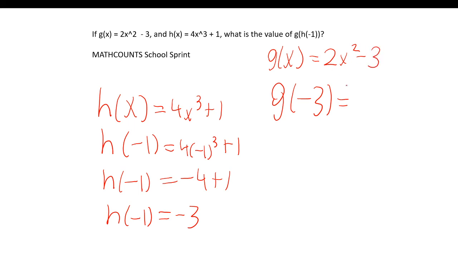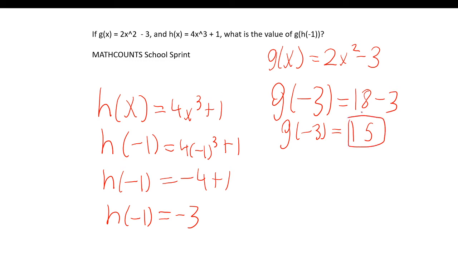Now we plug in our values. G is negative 3. Negative 3 squared, that's negative 3 multiplied by negative 3, that's 9. We have 2 times 9, which is 18, minus 3. So g of negative 3 is just equal to 18 minus 3, which is 15.